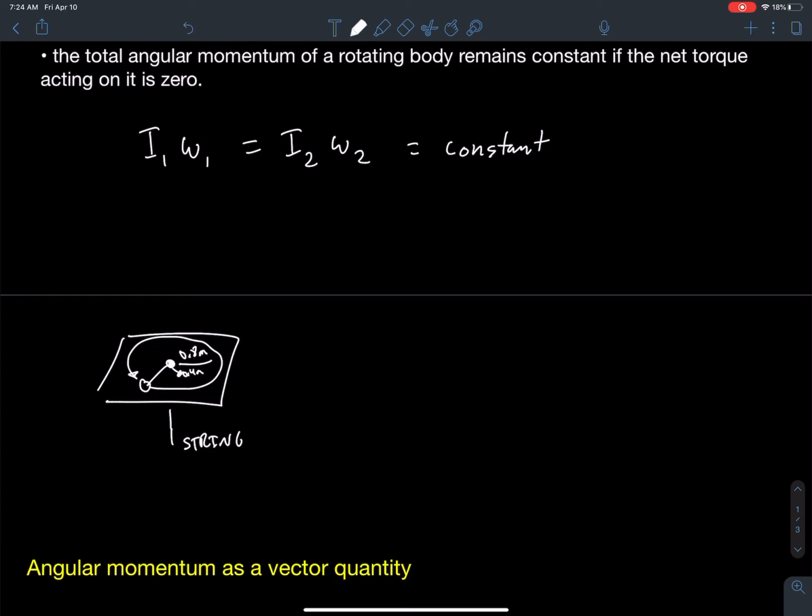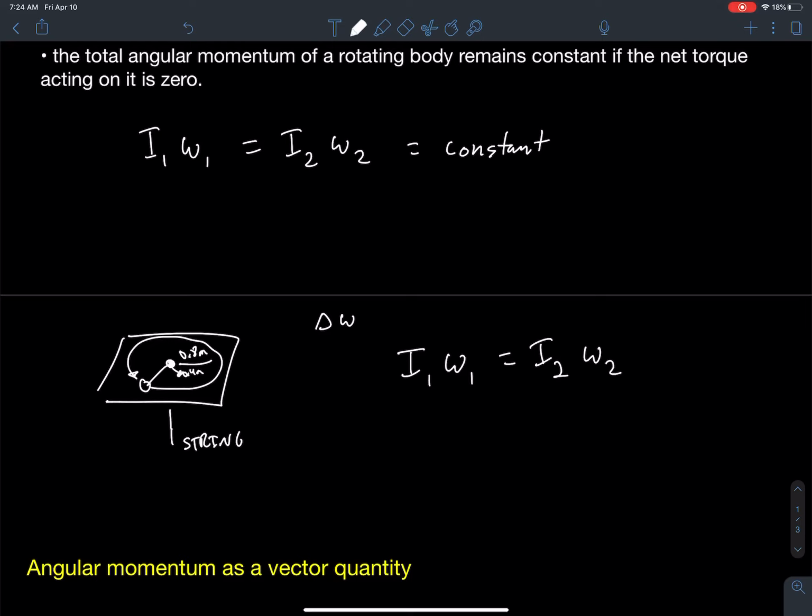And using that system, I want to be able to calculate the change in my angular velocity as a result of that. So what I'll need to do is I'll need to know the inertial mass of the system prior times the angular velocity prior, and then I'll create that relationship over there.